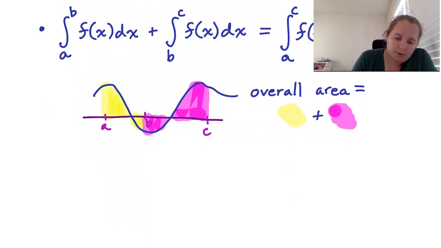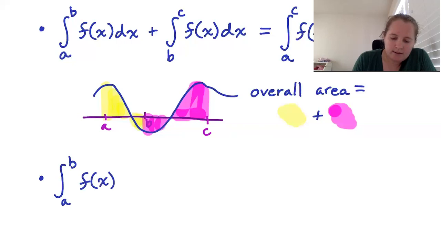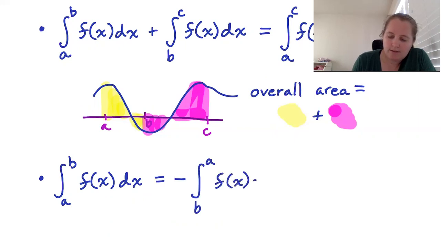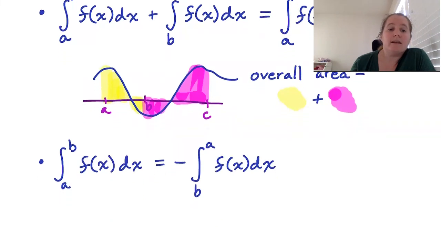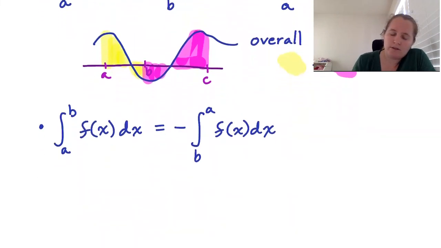Next up is a slightly weird one, which is the integral from a to b of f of x dx is the same thing as negative times the integral from b to a of f of x dx. Or you could do that backwards and say the integral from b to a of f of x dx is equal to negative the integral from a to b. So essentially what we're doing for this is we're reading width backwards.